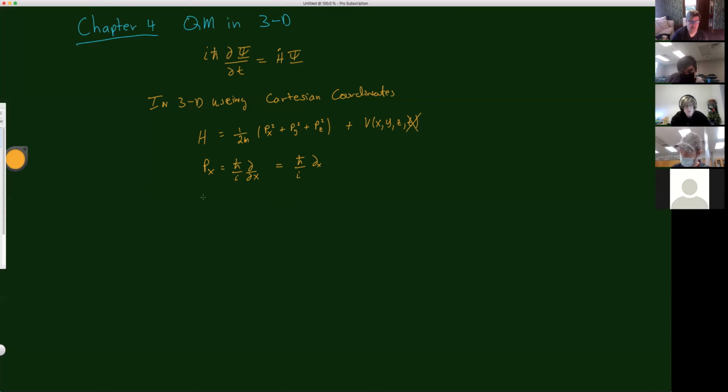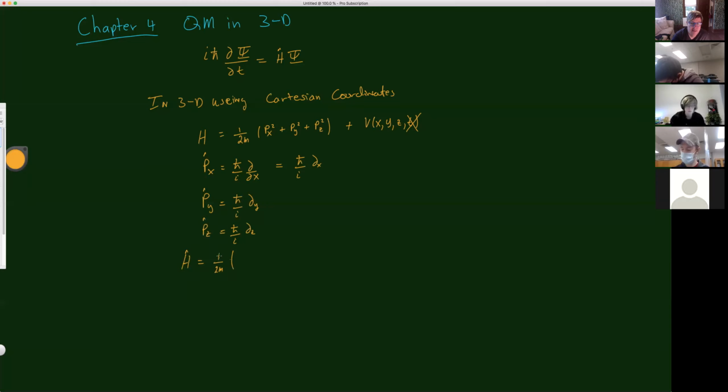Well, p_y, you can imagine, looks very similar to this, and p_z is the partial z. So this is what the momentum operators look like. And so now for the Hamiltonian operator, we substitute these in.